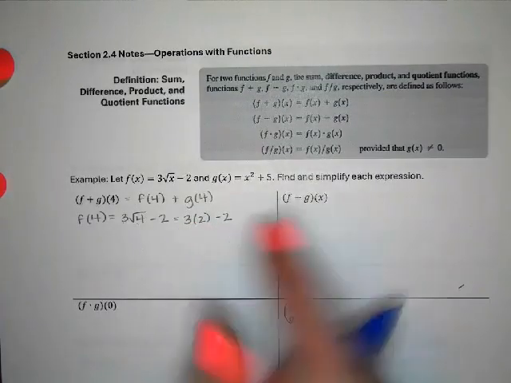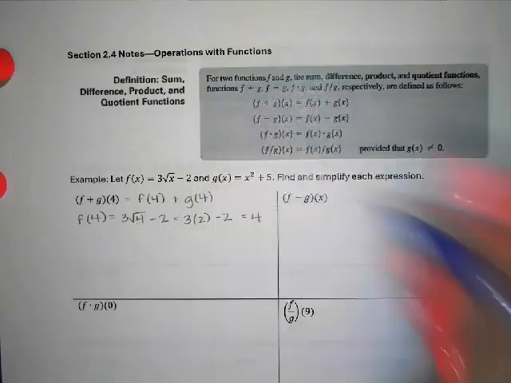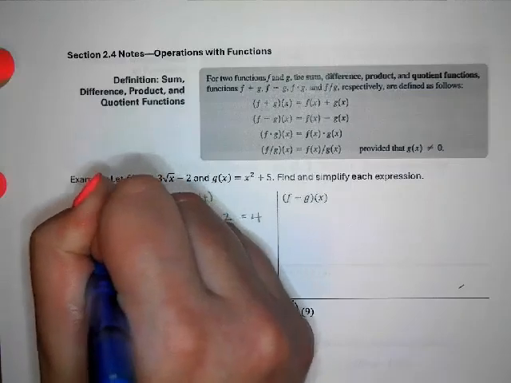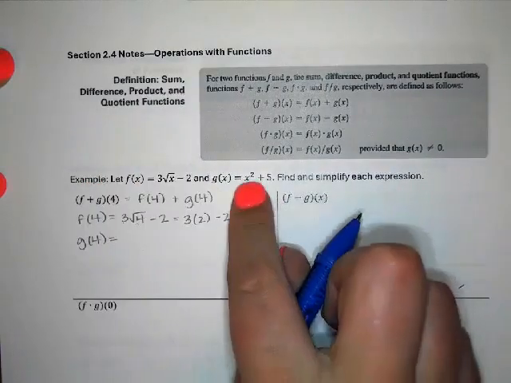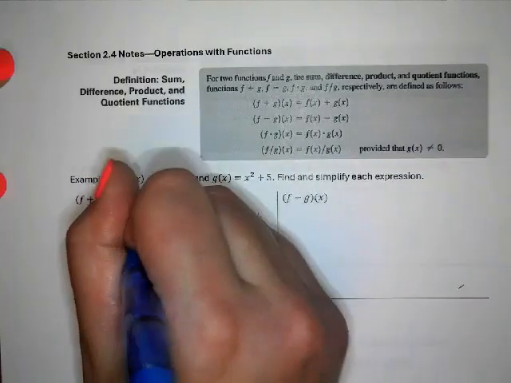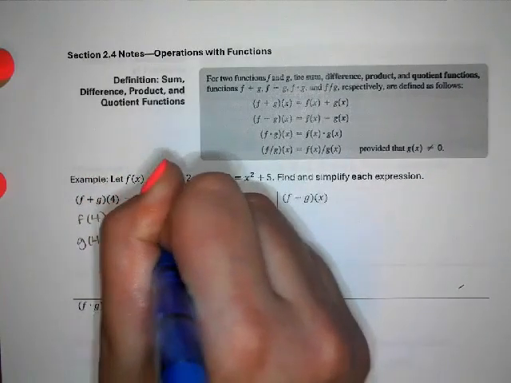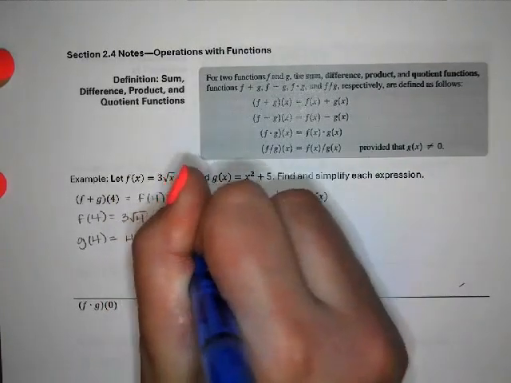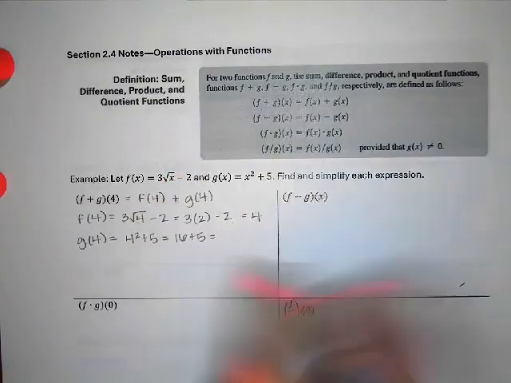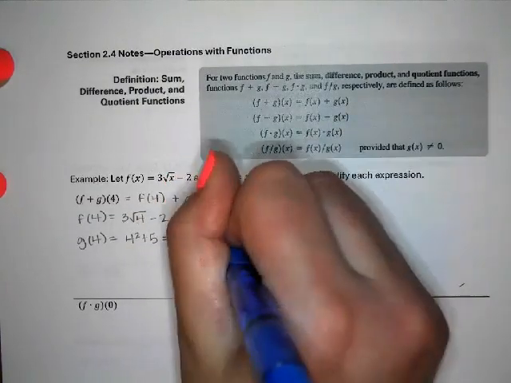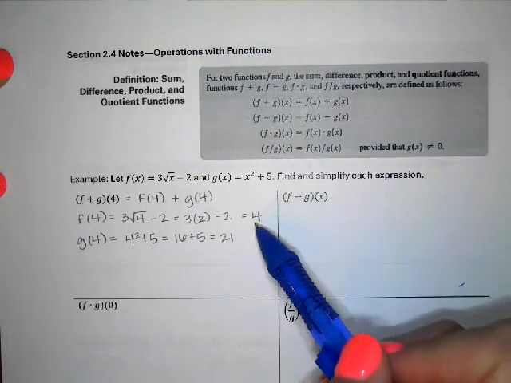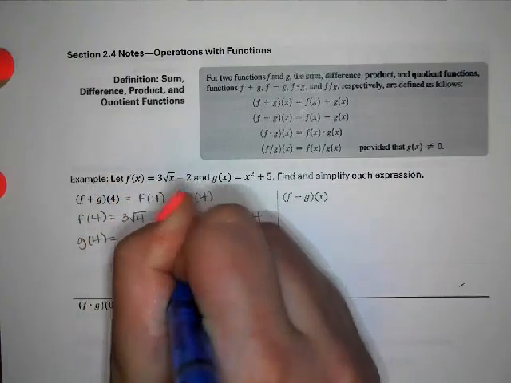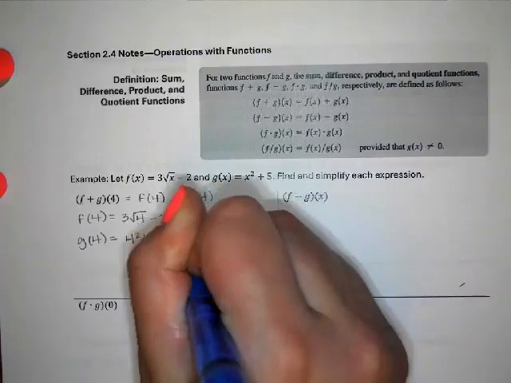So 6 minus 2 is 4. All right, and then g of 4 is 4 squared plus 5. 4 squared is 16. And 16 plus 5 is 21. So we are adding these together. F of 4 plus g of 4 is 4 plus 21, which is 25.